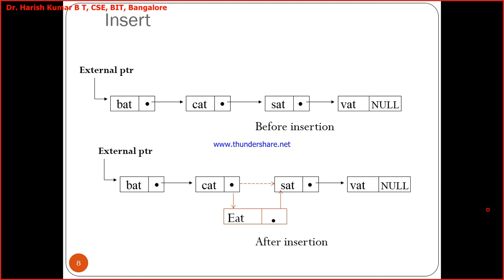So last class, this is what we understood: how to insert a new node in between two nodes. First, you need to take a pointer which is pointing to this node, and there has to be one more pointer which is pointing to this, and this is the new node.